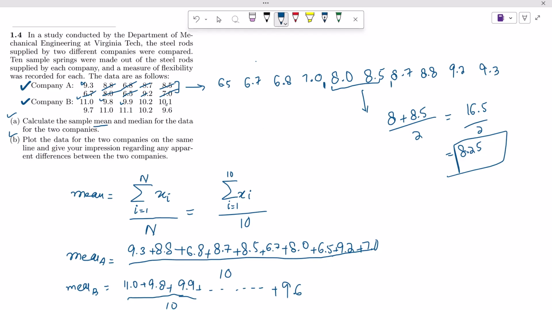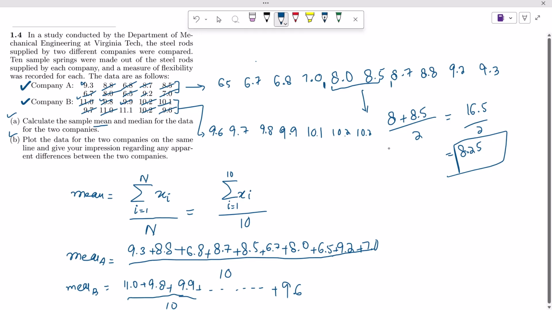Similarly, for company B, we follow the same procedure where we sort the data, and the smallest of it is 9.6, then 9.7, then 9.8, then 9.9, then 10.1, 10.2, 10.2, because we have 10.2 two times, then 11.0, 11.0, and the last one is 11.1.